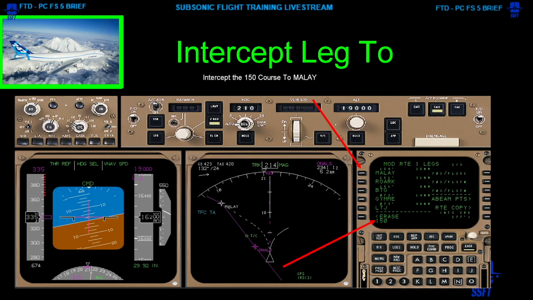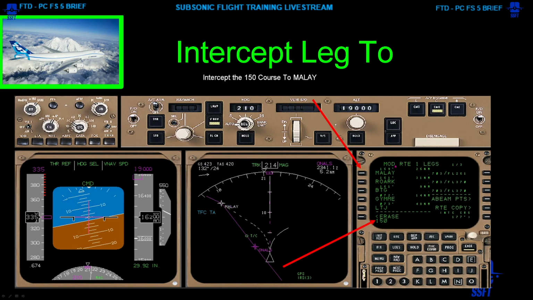And we want to go to the station, so we'd have to take the reciprocal of that 330, which would be 150. And then we put the 150 course into the intercept course line. And that would be a 150 into Mike Alpha Lima, which would be the 330 radial coming out of Mike Alpha Lima. It's the 330 out, it's the 150 in.